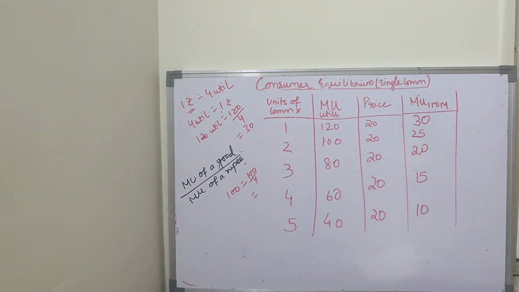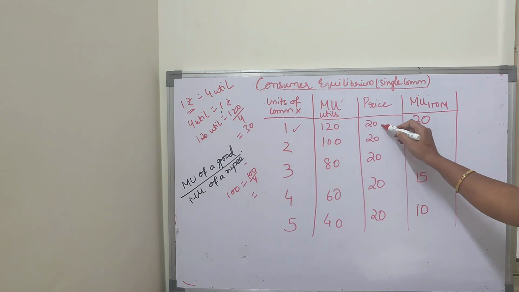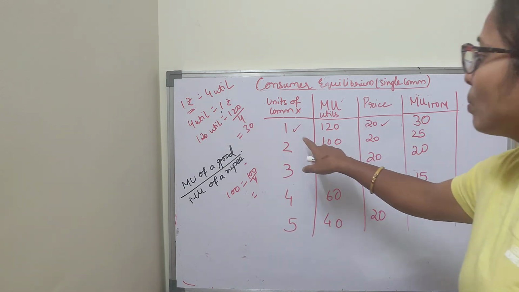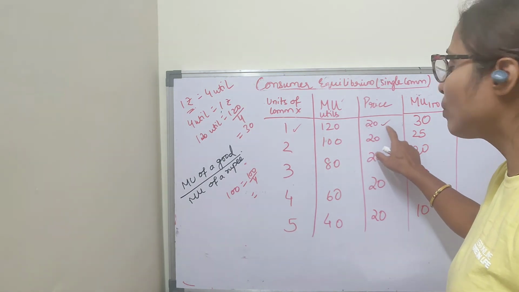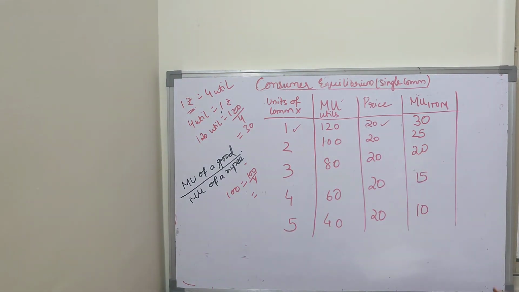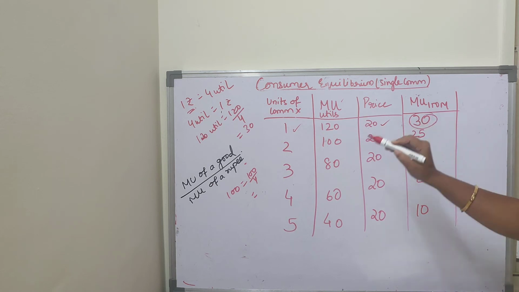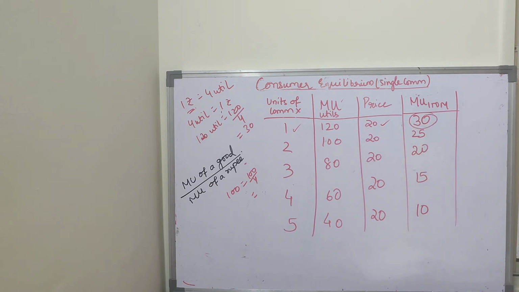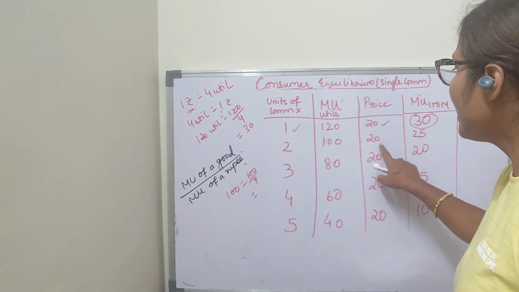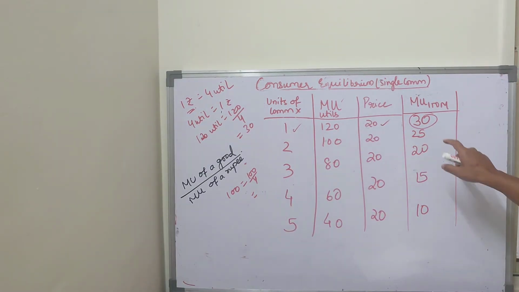Now see what you can see in this table. When the consumer consumes the first unit, he is paying the price of rupees 20, and what he is getting is a satisfaction worth 30. In the second unit, he is paying rupees 20 and getting a utility worth rupees 25.